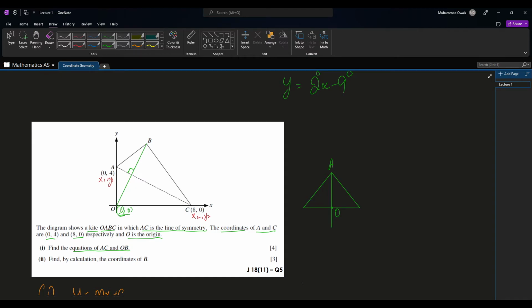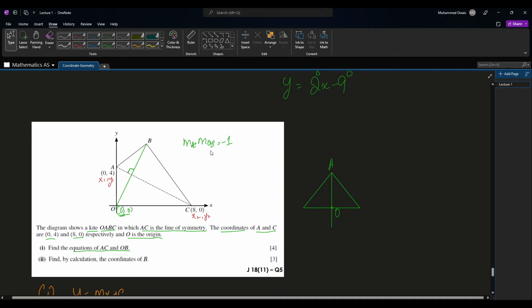Now that we know that these two lines are perpendicular to each other, what I can say is m of AC times m of OB is equal to minus 1. This way I can find the gradient of OB because I already know the gradient of AC.